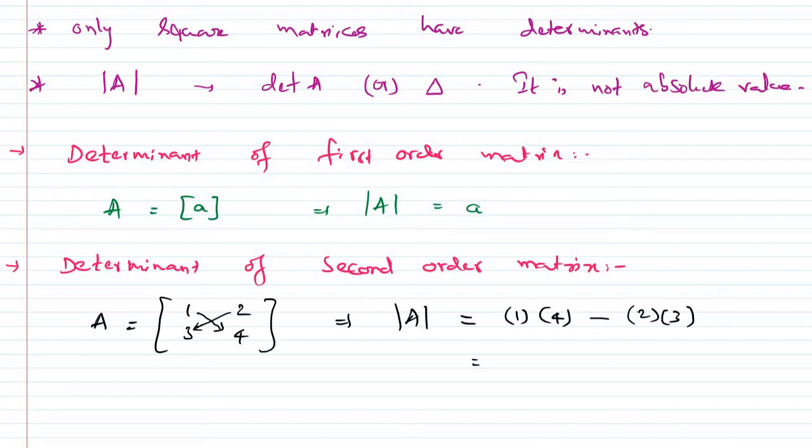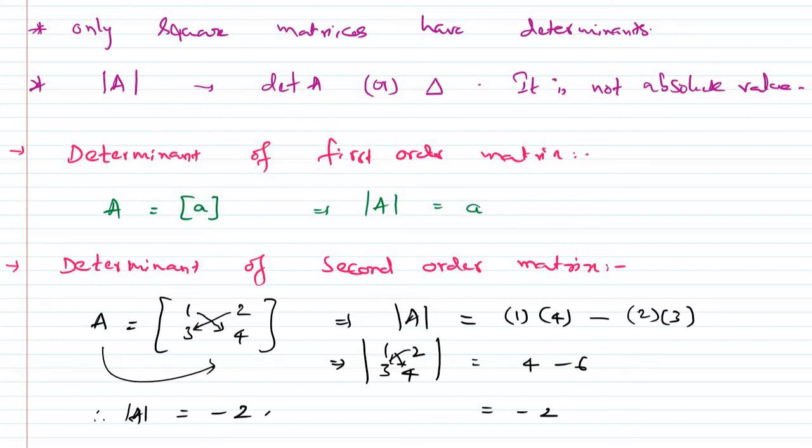So the value is 4 minus 6, so it is minus 2. Usually det A is first represented as the determinant of 1, 2, 3, 4, then you can multiply these. So when matrix A is 1, 2, 3, 4, the determinant of A is minus 2. Is it clear? Yes, sir. Easy to understand.